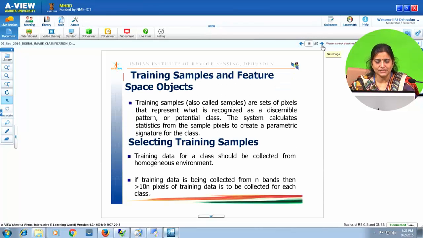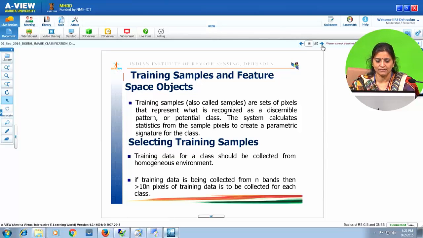So these samples, for which we know that these pixels are true representatives of the class, are called training samples. Training samples are a set of pixels that represent what is recognized as a discernible pattern or potential class.